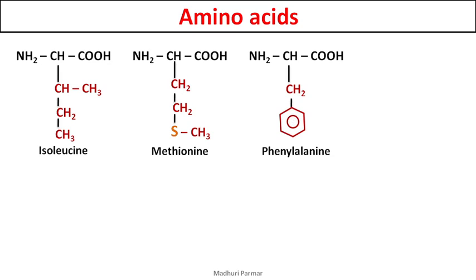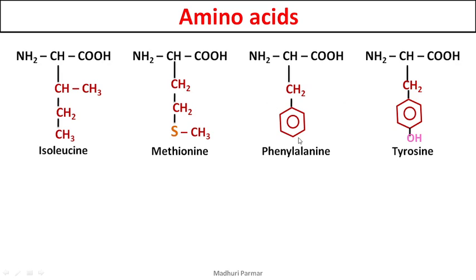In this case, it is attached to alanine, so you call it phenylalanine. Phenylalanine is the first aromatic amino acid we will study. This phenyl ring, which is nothing but a benzene ring, is attached to the CH3 or CH2 group of alanine. So it is called phenylalanine.